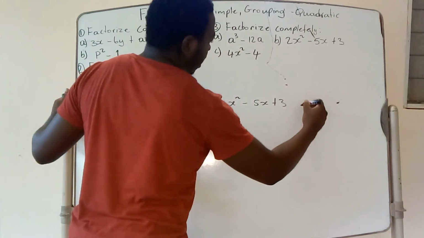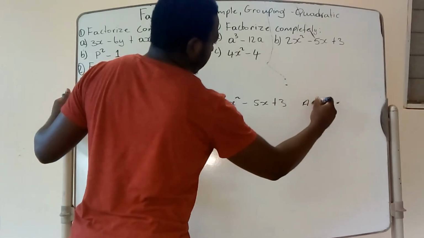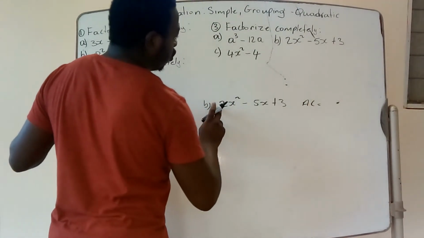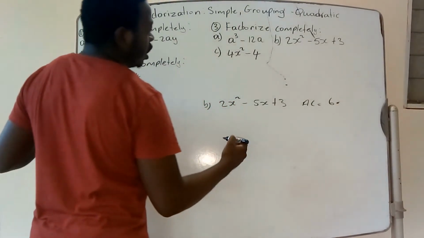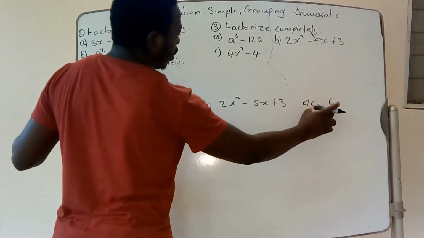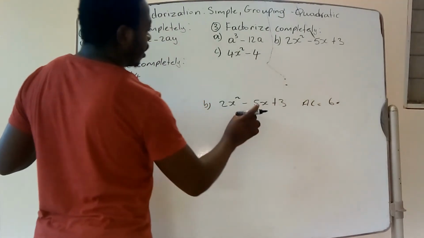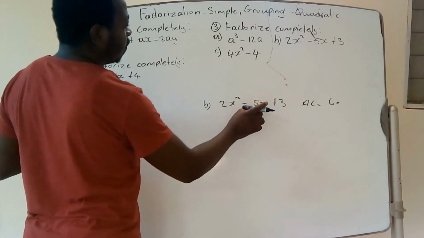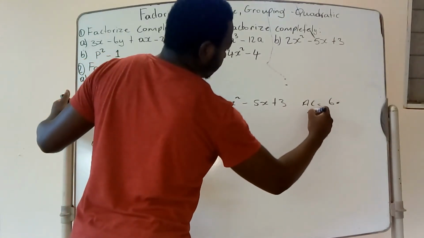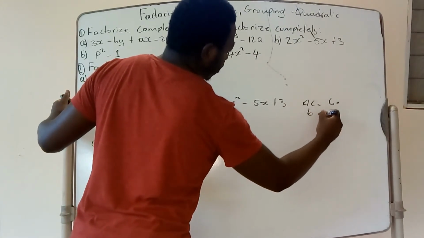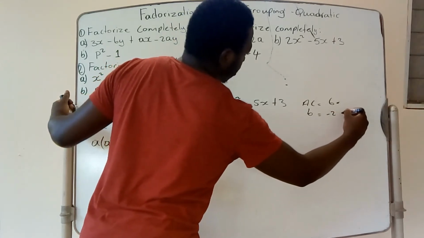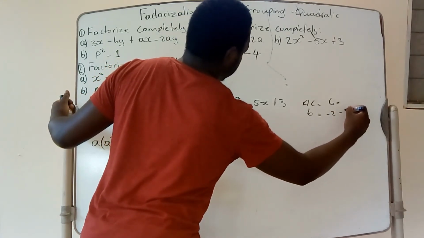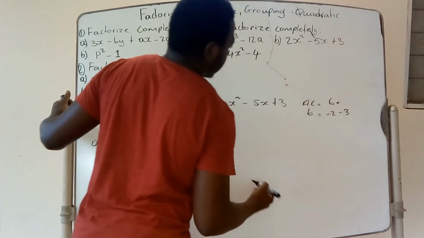So we know that AC here is going to be 2 times 3, which is actually equal to 6. Now we need 2 factors of 6 that, when we add or subtract them, give us minus 5. So our B term is going to be equal to minus 2 minus 3, right?